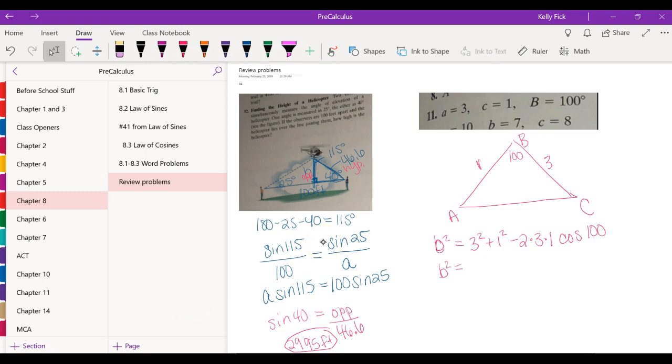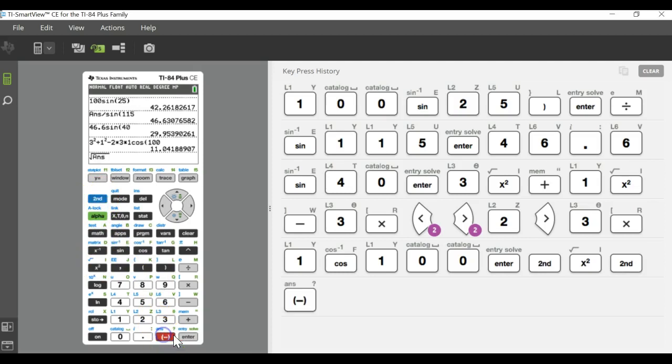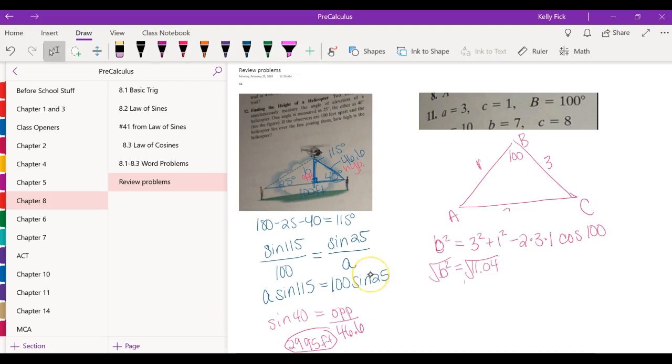So b squared equals 11.04, and then I would square root each side. And can get 3.323. So this side is 3.323. And now that I know that side, I can use law of sines to find my other one.